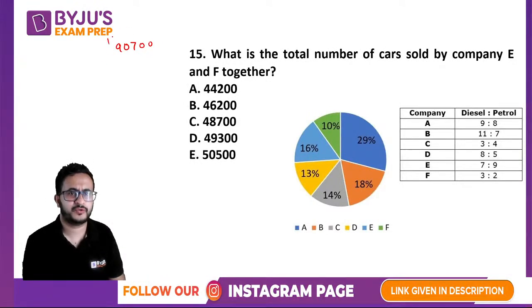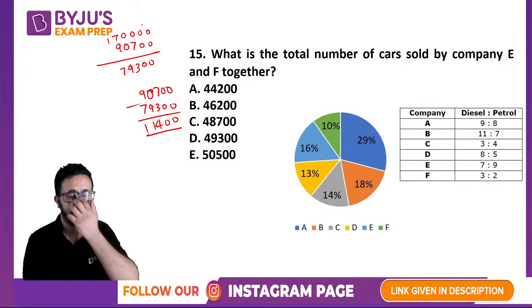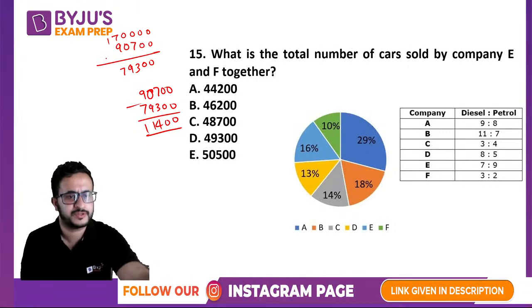So total is 1,70,000. You will get as 79300. 90700 minus 79300. So you will get this. This will be the actual number. Okay, but in the calculation I ignored the zeros.